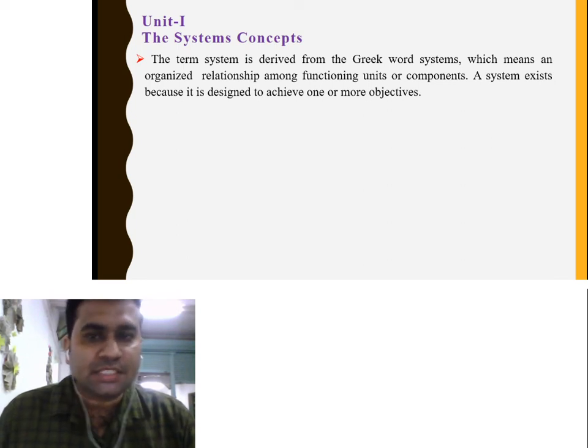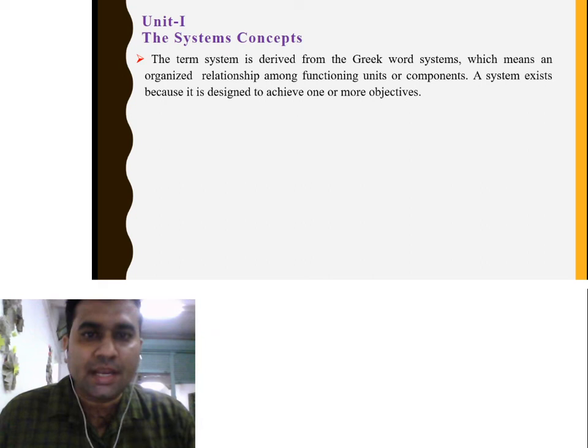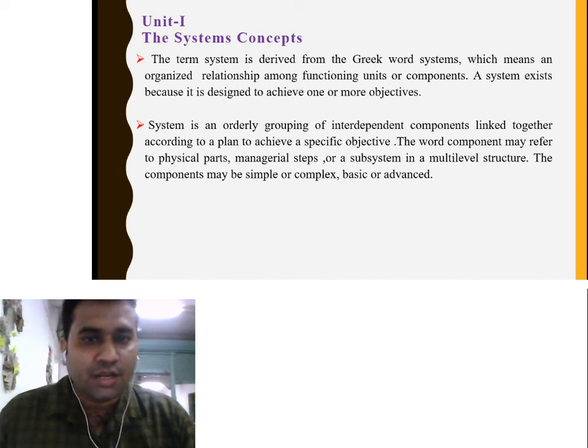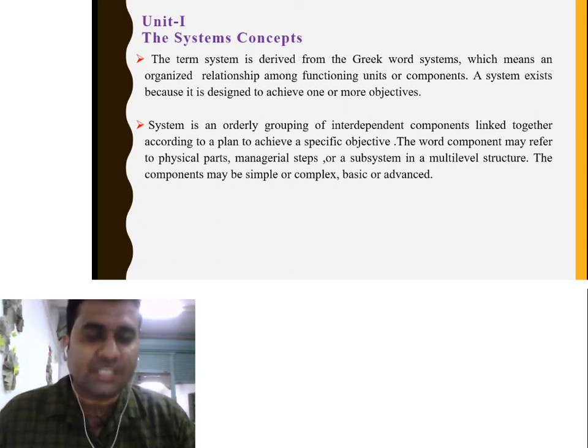Every time a system is designed, whether for office software, government software, or banking software, it achieves one goal or objective. A system is an orderly grouping of interdependent components linked together according to a plan to achieve a specific objective.